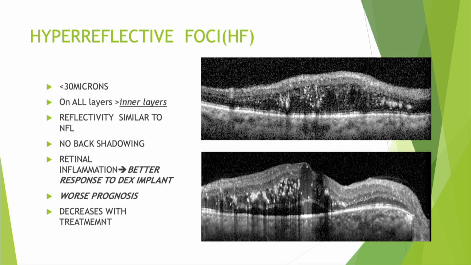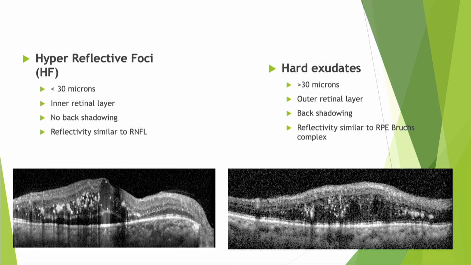Also, if a patient has more hyperreflective foci at baseline, it indicates a more active form of DME and a poorer response to treatment. To differentiate it from hard exudates: the hard exudates are larger, more than 30 micron size, located in the outer retinal layers with back shadowing, and reflectivity is similar to the RPE-Bruch layer.